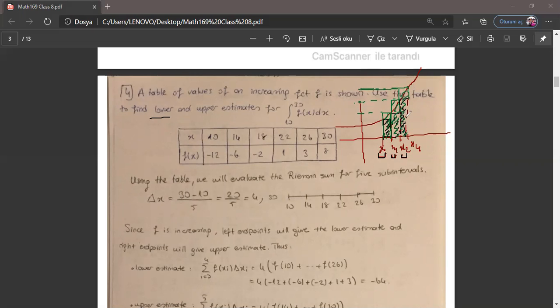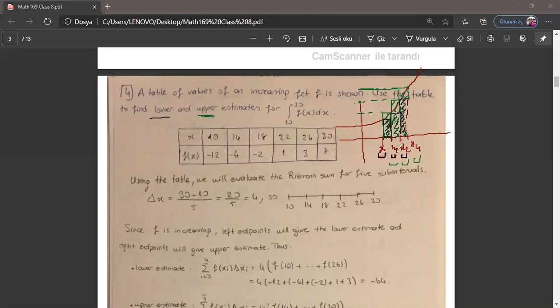Okay, so you see the upper bound, we will get the upper estimation if we take right-hand points. And if we choose left-hand points as sample points, we will get lower estimations because the black area is less than the green one. This is because, of course, the function is increasing.